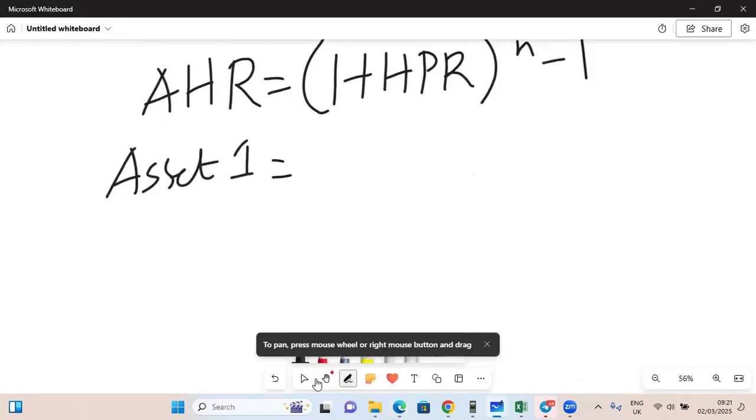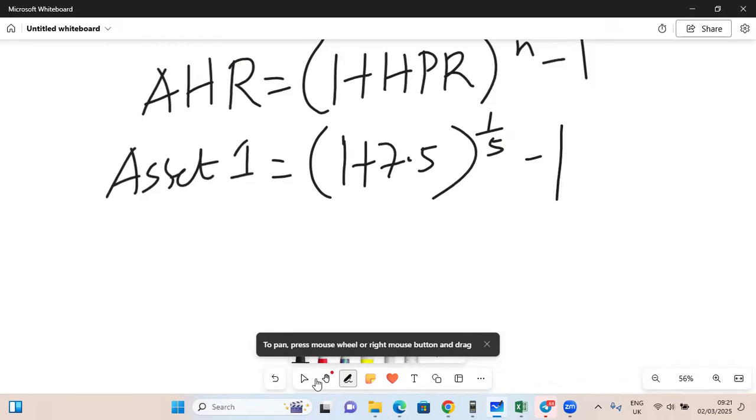So 1 plus 7.5 raised to the power 1 over 5, minus 1.